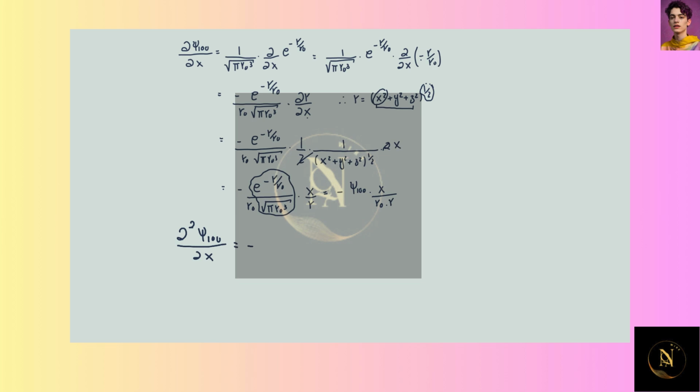Using the product rule, we get the derivative of the first times the second, plus the first times the derivative of the second. Note that r0 is constant with respect to x, and we get d over dx of x divided by r.